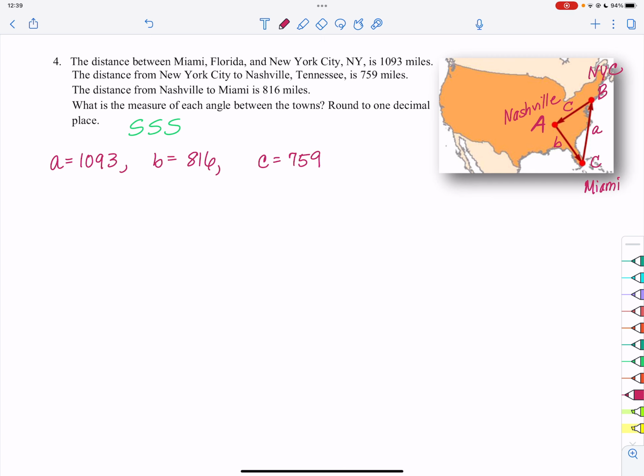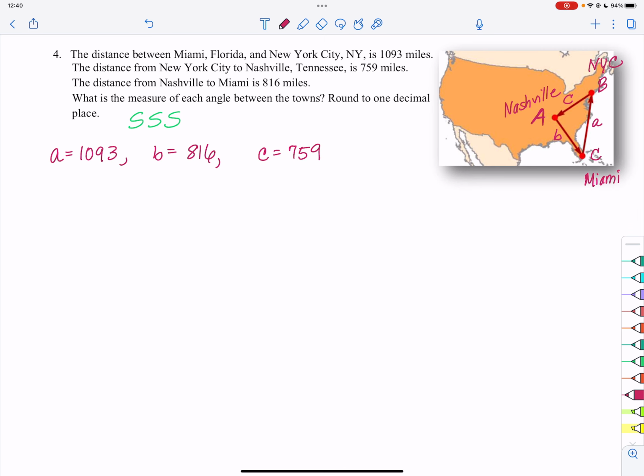Okay, so now if we're looking for all of the angles, remember that we are going to find the angle across from the longest side first.